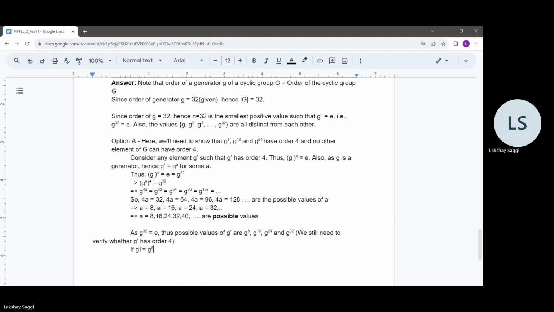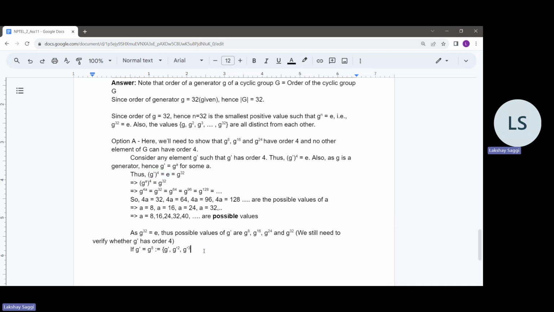What does this mean? This means the set of, let's say, G prime squared, G prime cube. And G prime raised to the power 4, we know already that it should be equal to E because that is what we have already established.